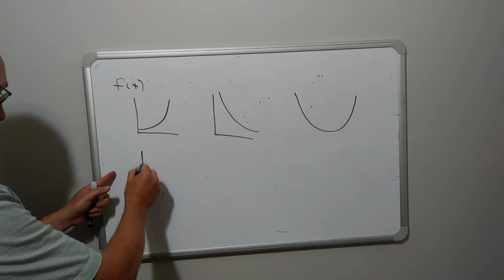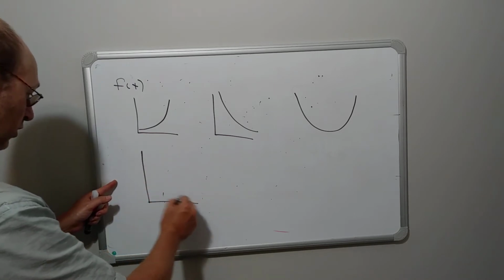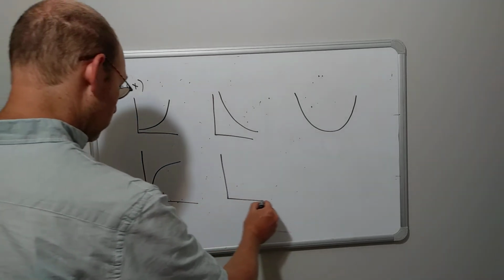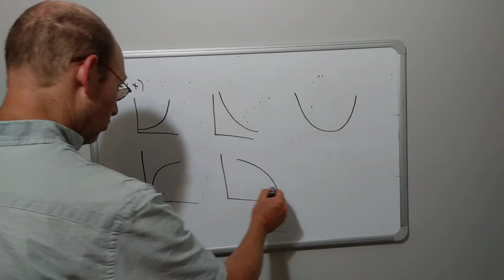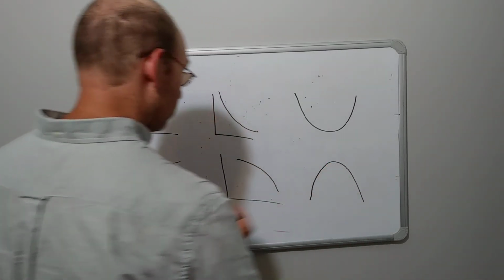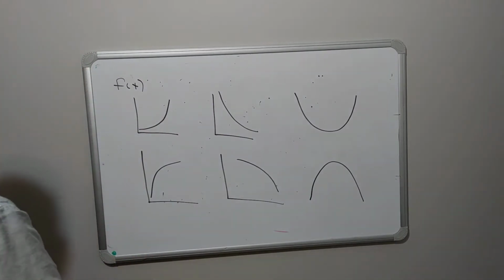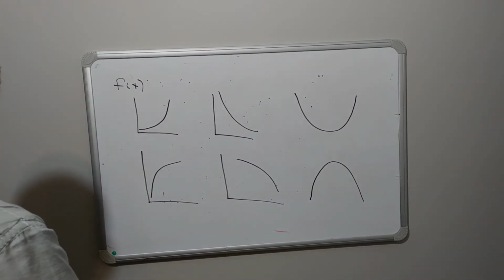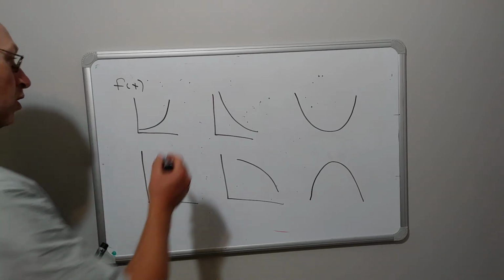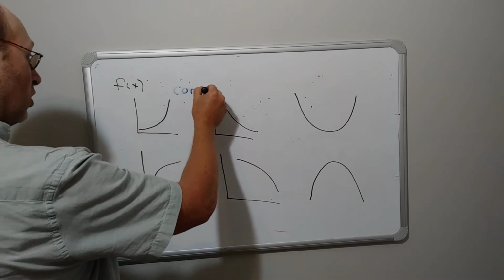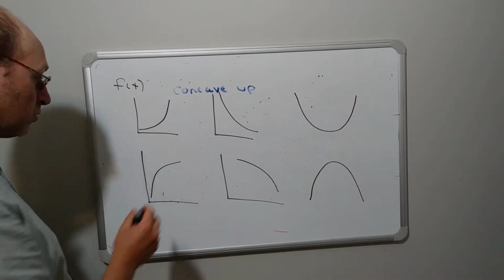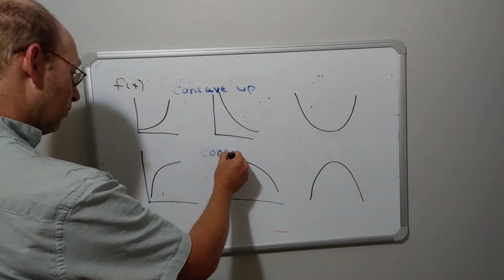Next, we have a graph like this, and a graph like this. And you can think of the 2 graphs fitting together and giving you parts of this graph. Okay. So the top graphs are called concave up. Bottom graphs are called concave down.